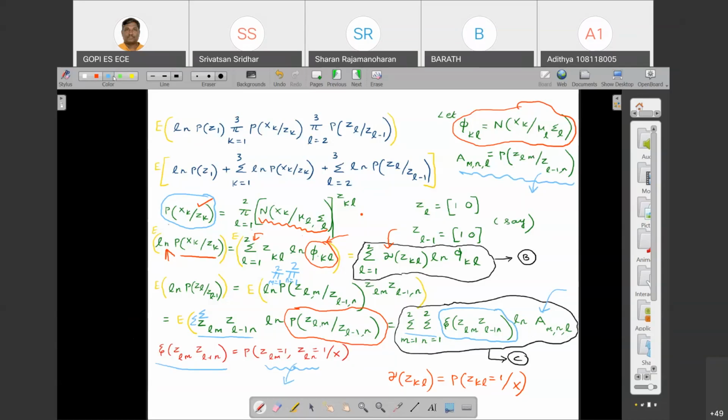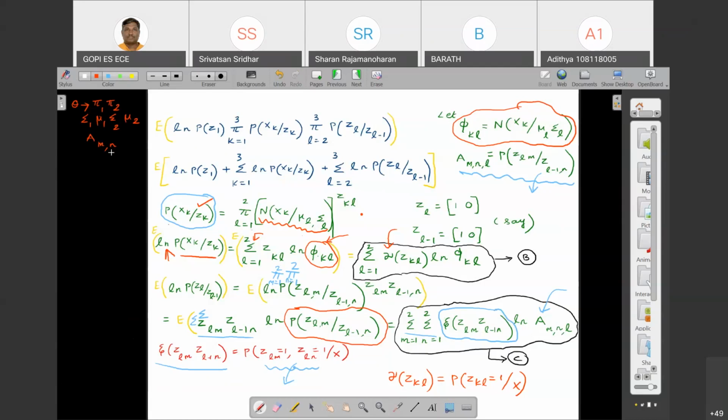In other words, let me put a summary now at this moment so that you can get clarity. What we got is, originally we had the parameter theta. This is very important, what I'm telling now. We know the parameter theta is pi 1, pi 2, and then we have sigma 1, mu 1, sigma 2, mu 2, and of course the transition probability which we already introduced, which is called A_MNL. So all possible combinations you can have, A_MN, right?